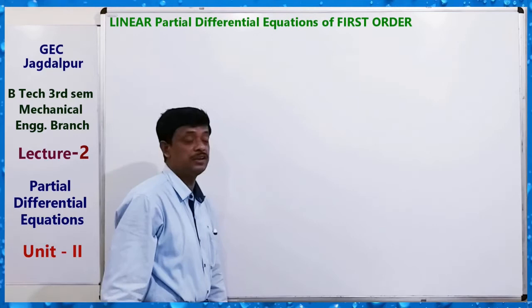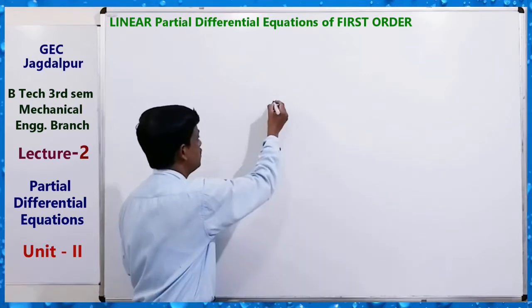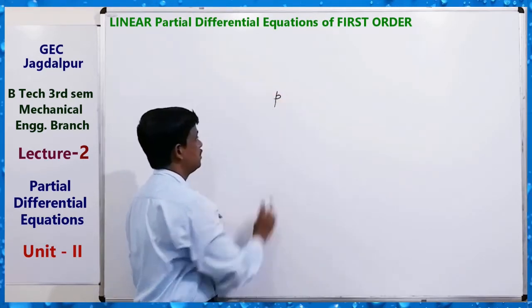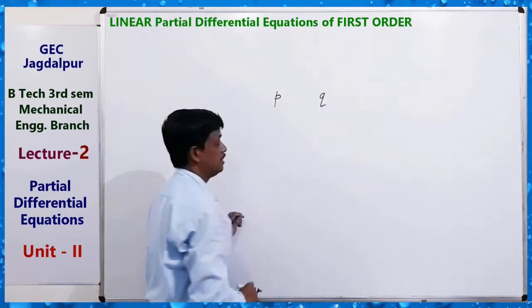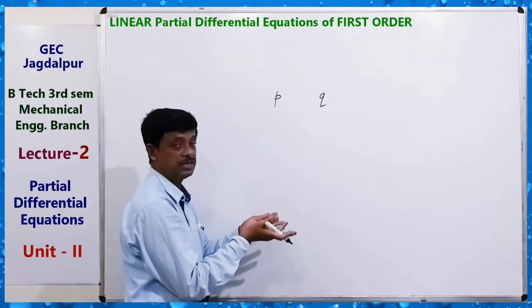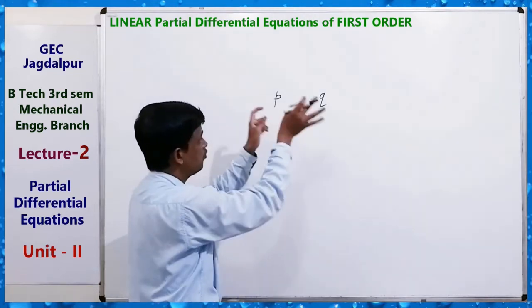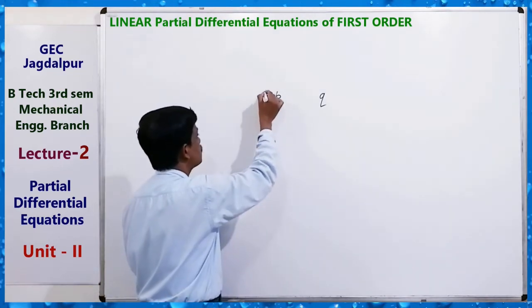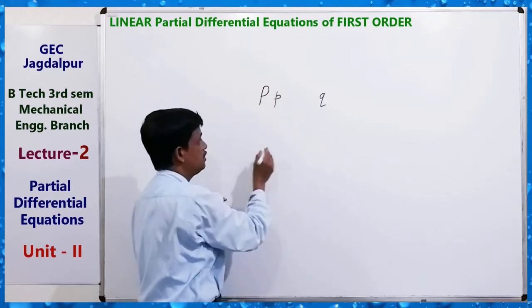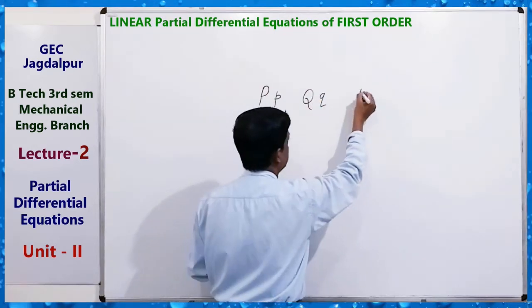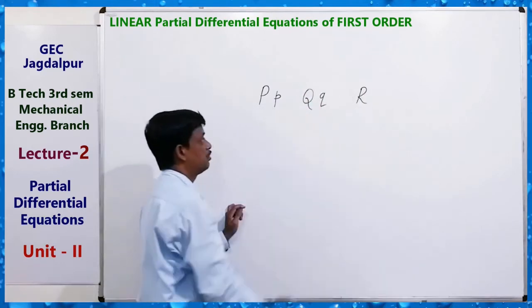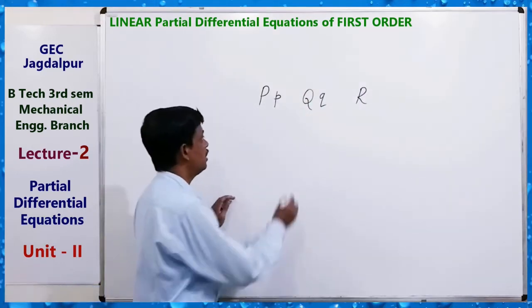Lagrange's linear equation is, suppose, P del z by del x plus Q del z by del y, first order partial derivatives with degree 1, and its coefficients may be functions of x, y, z, and the other part may also be a function of x, y, z, like this.